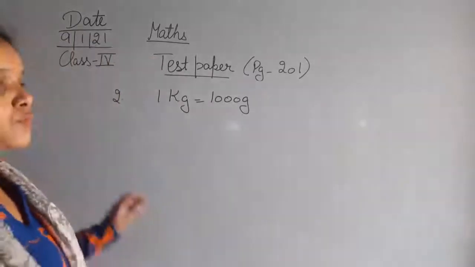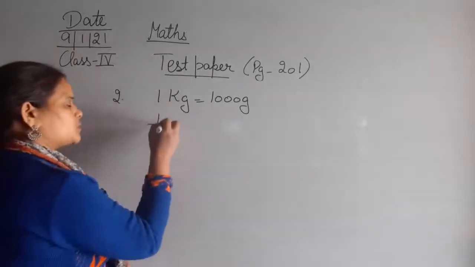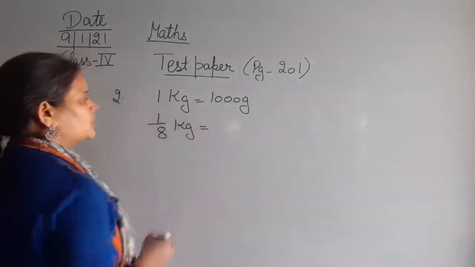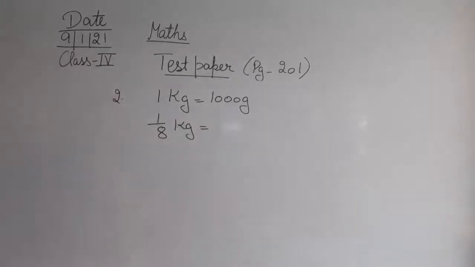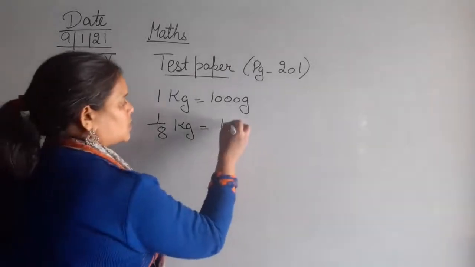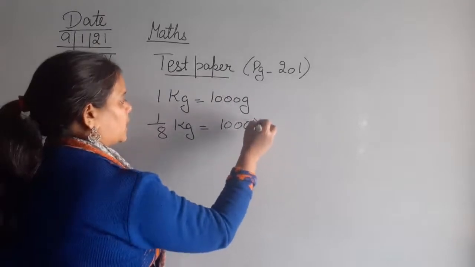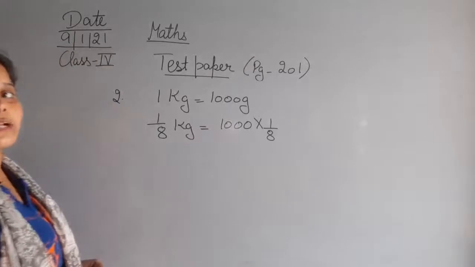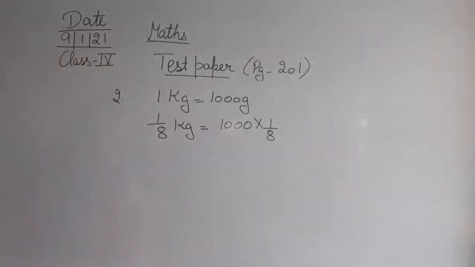Okay, so 1/8 kg में कितने grams होंगे? 1/8 kg will be equal to, 1 kg is equal to 1000 grams, and 1/8 kg is equal to 1000 multiply by 1/8.